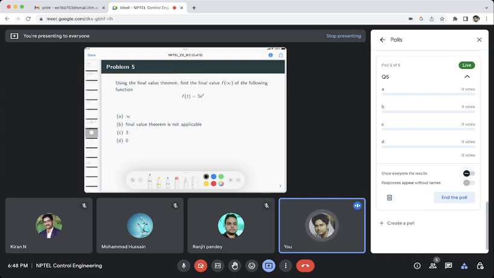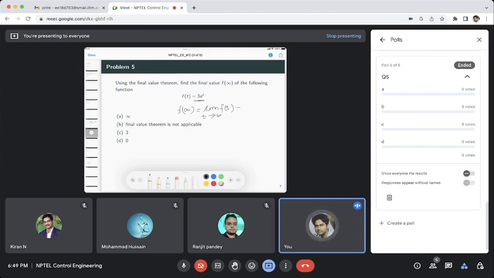The first question is whether this function is bounded or unbounded as t goes to infinity. Unbounded means it is going to infinity, or it remains at some value which is not infinity. So let's see. As t goes to infinity, because we want to find this, that means the limit of f of t as t goes to infinity, correct?